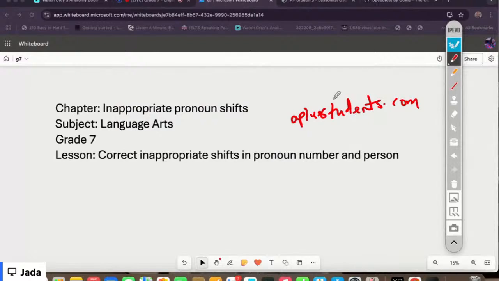Click on your name, move on to language at grade 7. Our chapter will be inappropriate pronoun shifts. The lesson is correct inappropriate shifts in pronoun number and person.